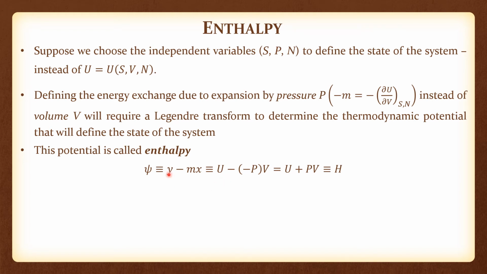So what am I doing? Instead of y I am writing u, and instead of m I am writing minus p. And of course, the independent variable I have changed is volume to pressure. So u minus pv becomes u plus pv. So enthalpy is defined as u plus pv.